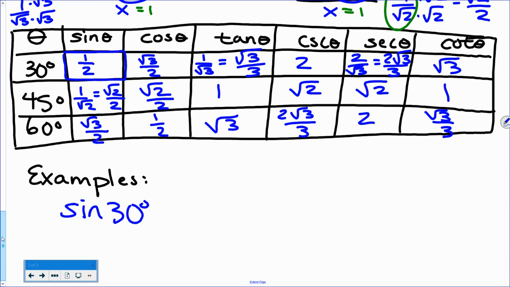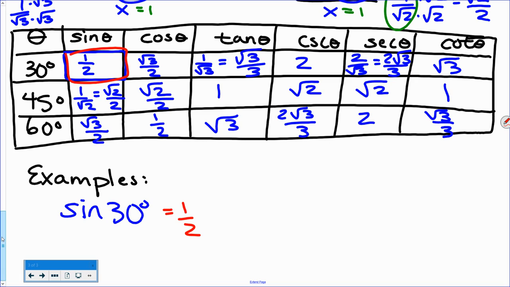And you'd either use your special right triangle or use this table and go, well, it's 1/2. These are your common ratios. These are the ones that show up a lot. We're going to use them again tomorrow, so you want to get familiar with them.